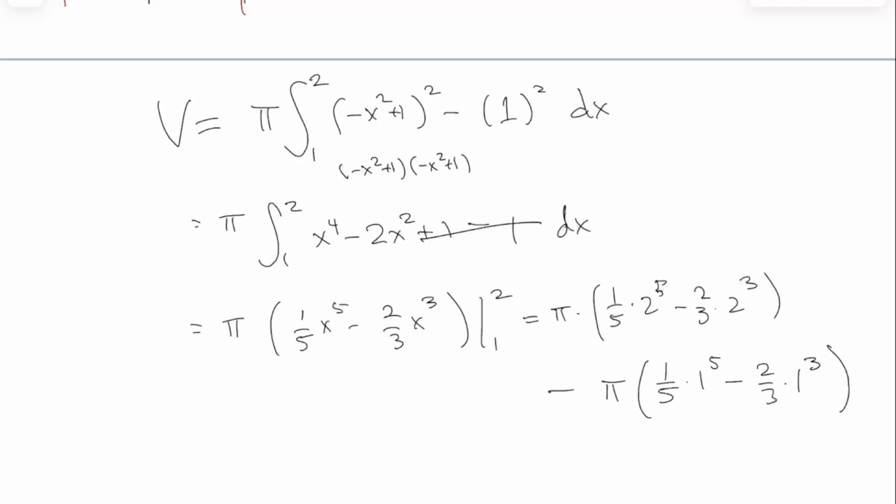I'm looking at my paper. Wait, something about the 2. It was like x to the 4th minus 2x squared, but then when you integrate it, it's still 2/3. Wouldn't you have to take the 2 out first? Like, 2 all the way out of the integral? How is it 2x squared and then it's still 2/3? I'm leaving this 2 as a coefficient.